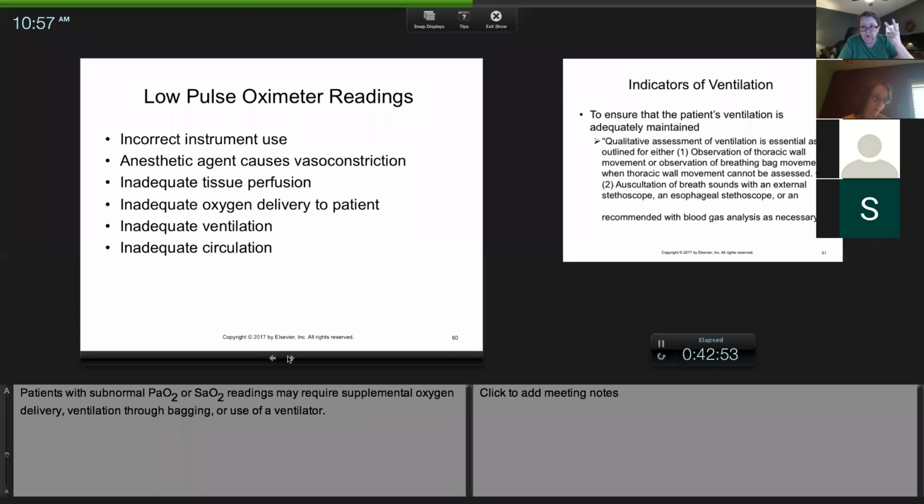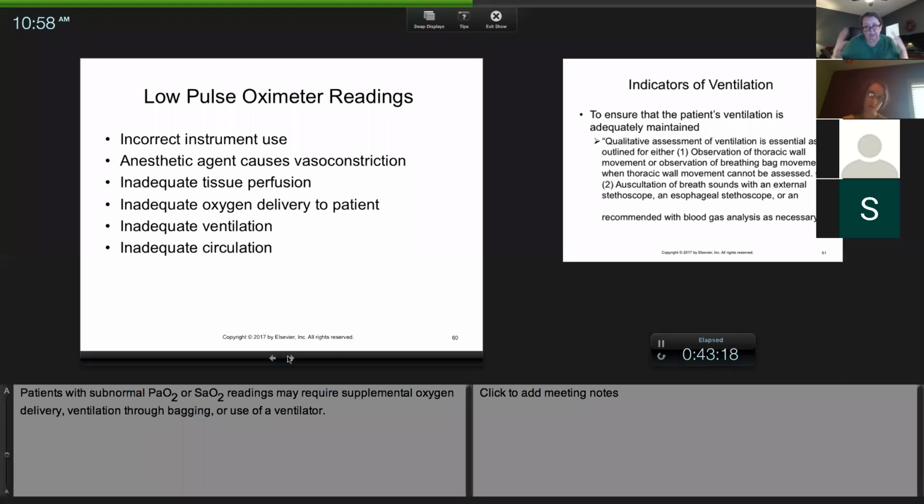Now check your oxygen. Is your tank out of oxygen? Does your bag have a hole in it? Did the tube slide out? If everything is fine, does the patient have pulmonary edema? Do they have pneumonia? The big thing is, after I check probe and check oxygen, when I bag my patient and force more oxygen, does the reading go up?